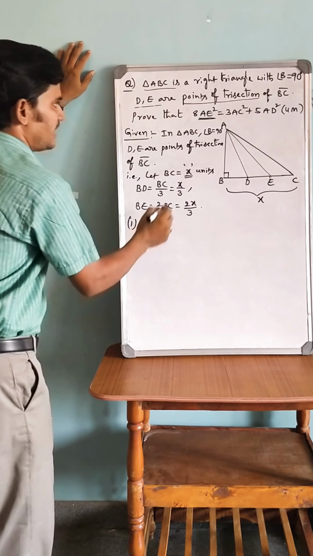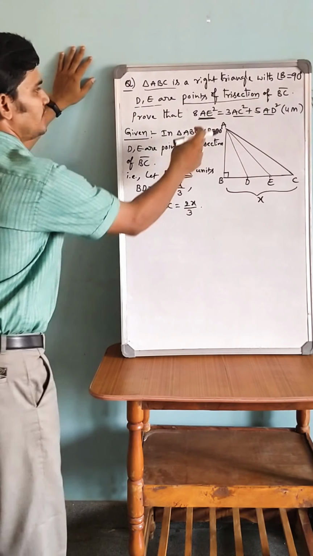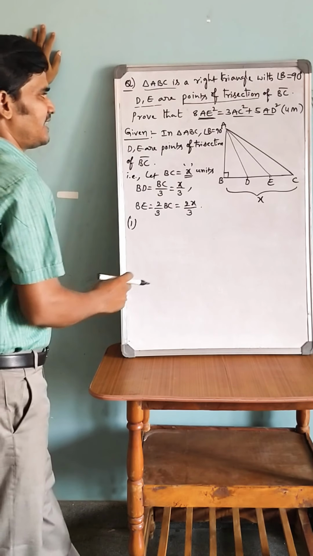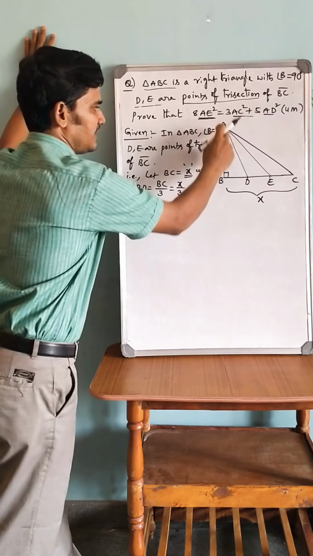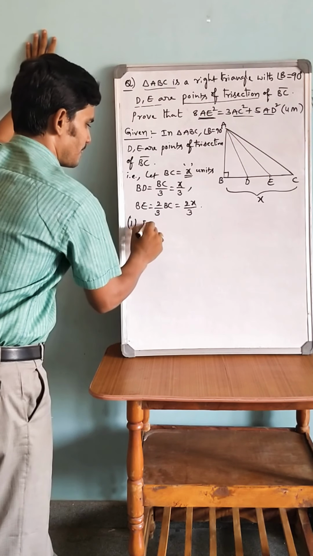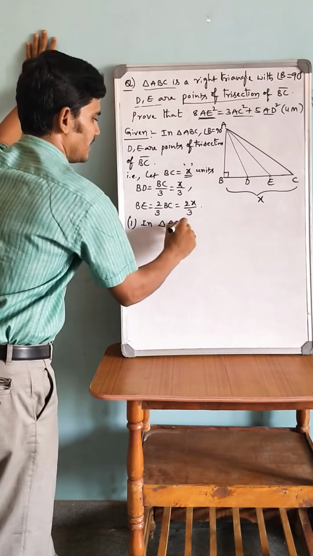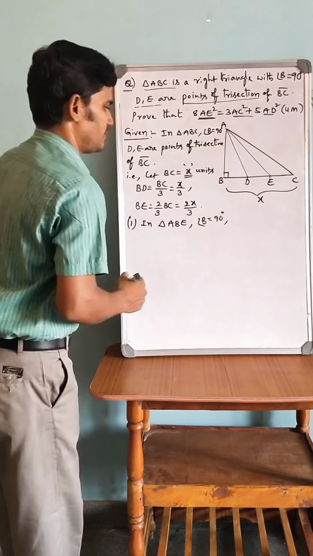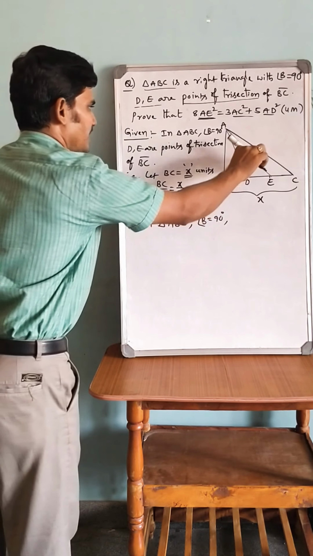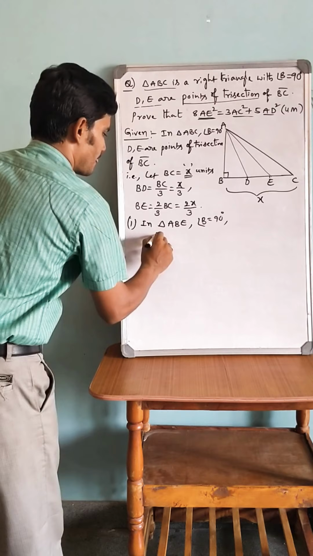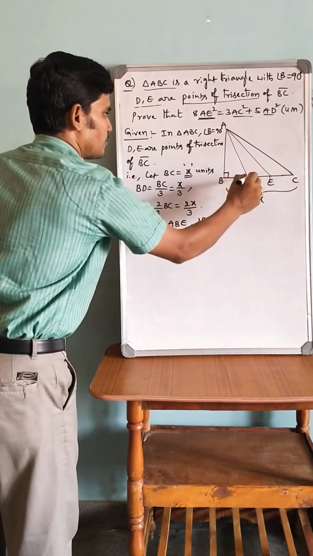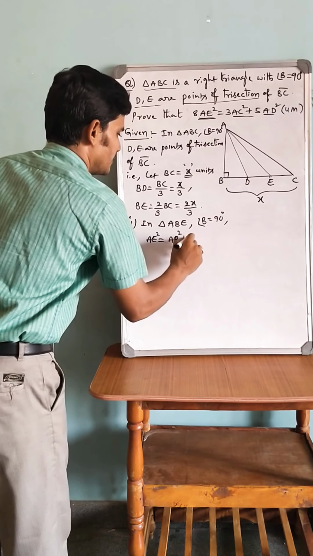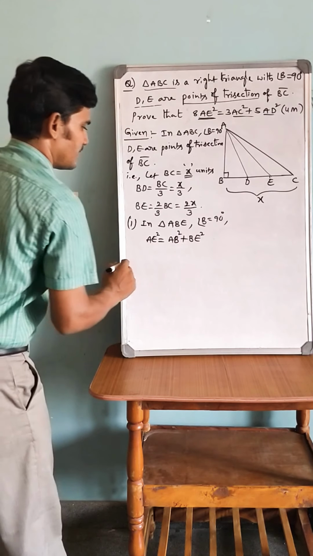First of all, I would like to take them as per the order. We need AE square, AC square, AD square. I would like to start with the right triangle having hypotenuse AE, that is ABE. In triangle ABE, angle B is equal to 90 degrees. So by Pythagoras theorem, the square of the hypotenuse AE square is equal to the sum of the squares of the legs, that is AB square plus BE square.